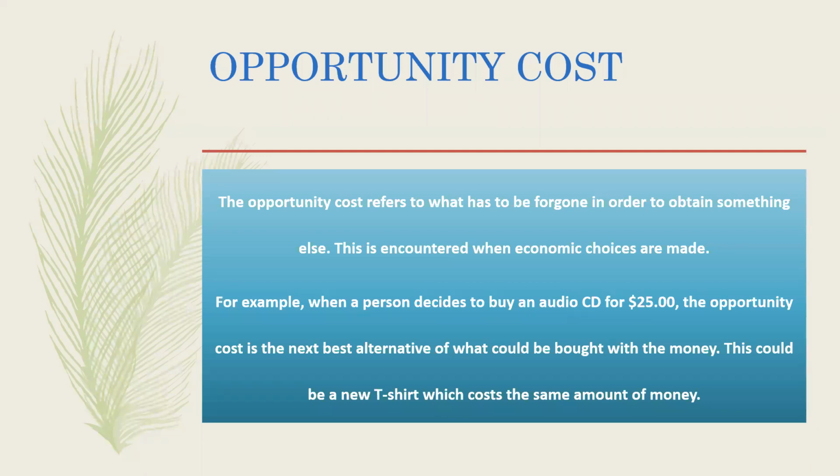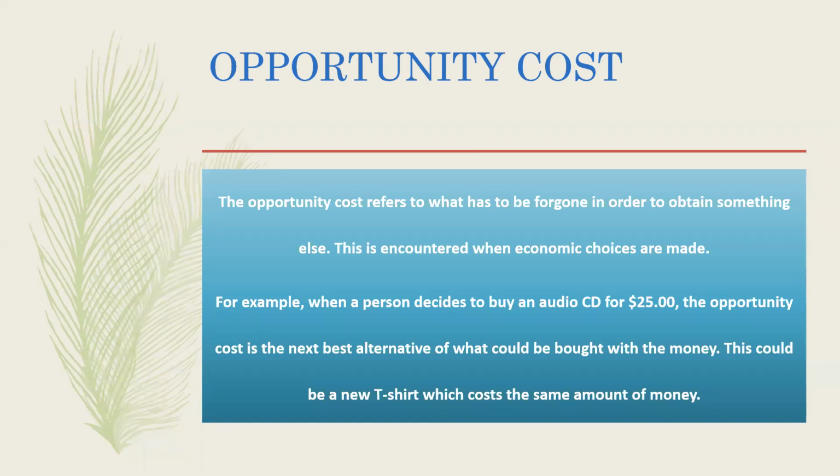Another example: when a person decides to buy an audio CD for $25, the opportunity cost is the next best alternative of what could be bought with the money. This could be a new t-shirt, which costs the same amount of money.